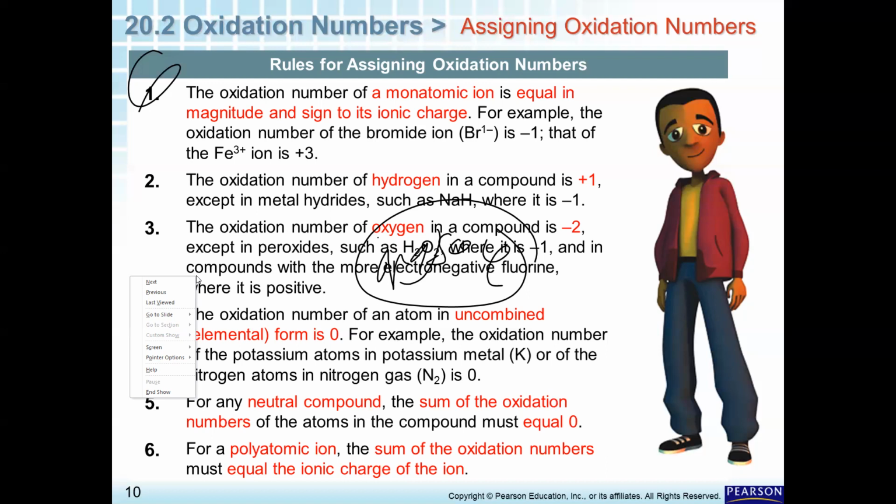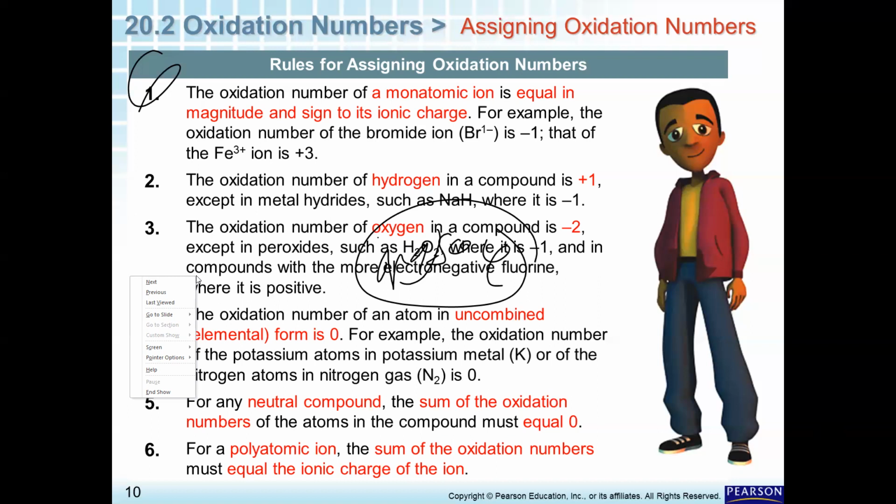We will give you an example. On 0, as you can see, when we have N2, if you have potassium, if you have sodium, if you have silver, oxygen O2, yes, it is 0. There is no oxygen by itself as O, there is no compound like this.